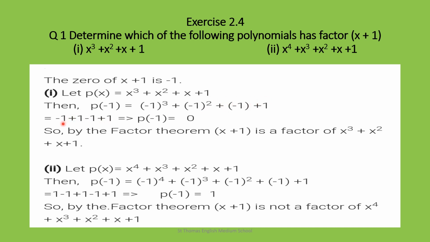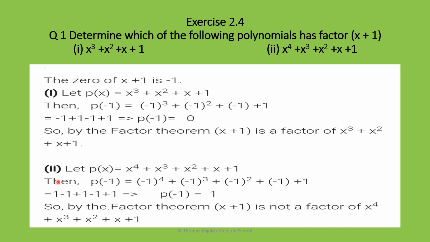Now you will have minus 1 cube is minus 1 plus minus 1 square is 1 plus minus 1 is minus 1 plus 1. So you will have p of minus 1 equal to 0. Since p of minus 1 equal to 0, x plus 1 is a factor of the given polynomial x cube plus x square plus x plus 1.